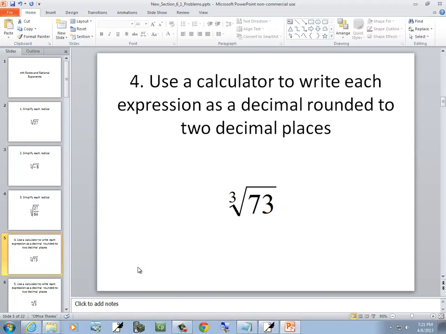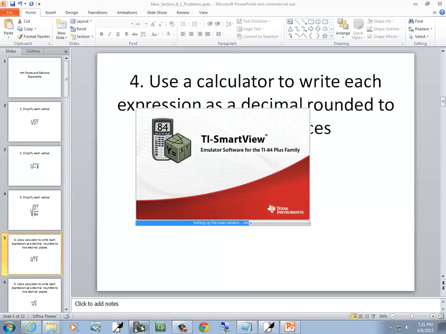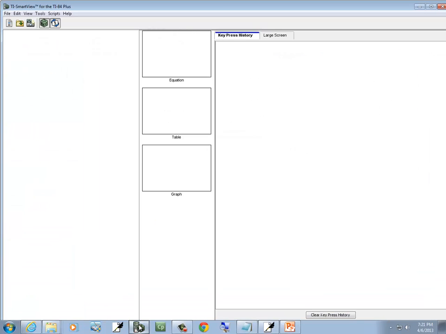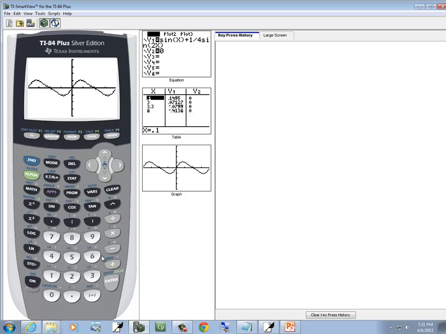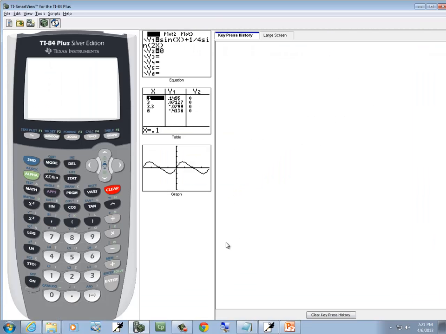Now the next ones are calculator based, so let me bring up my calculator. We've got the cube root of 73.